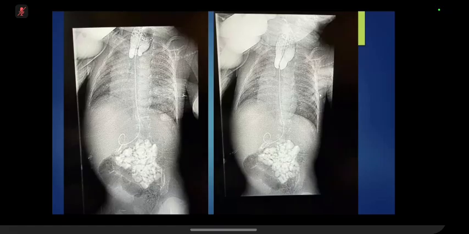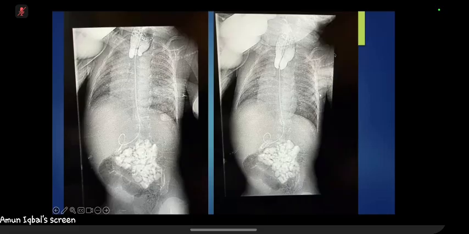But I think the small bowel is still accumulated in the center part of the abdomen. I think it could be an enlarged liver, or ascites pushing the bowel to the center.